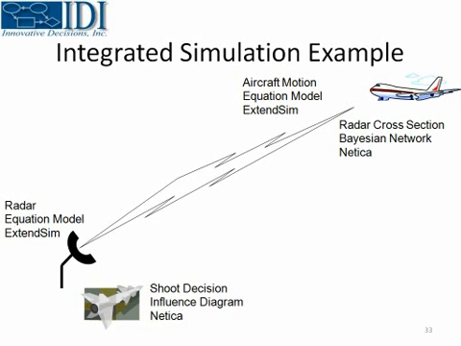The radar cross-section of the aircraft is highly complex, so I used a Bayesian network to model that. Then I wanted to decide whether to engage a particular aircraft based on whether it was a threat, so I used a Netica influence diagram for that piece.